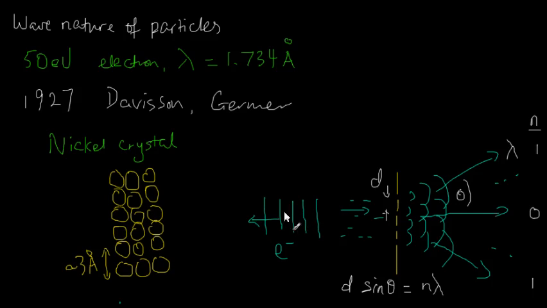Now, when this wave of electrons hits the surface, if you imagine that the wave of electrons is like ripples on the surface of water, you might imagine that each atom is like a rock in the water.